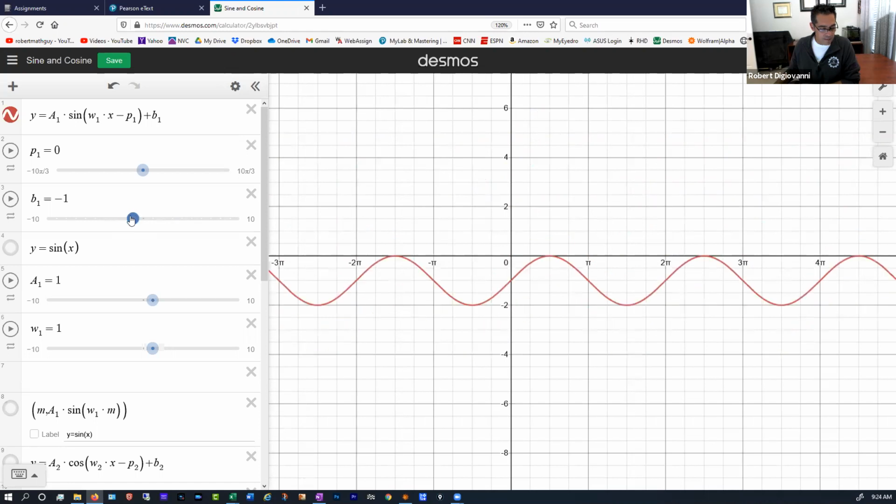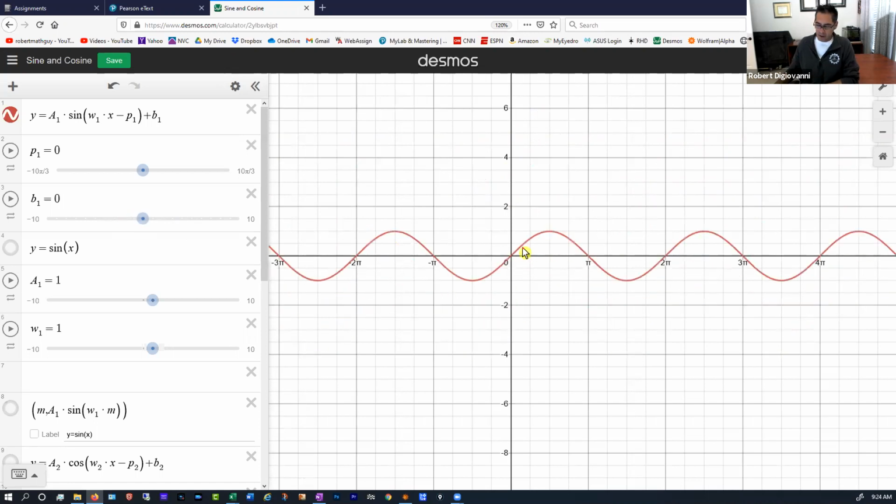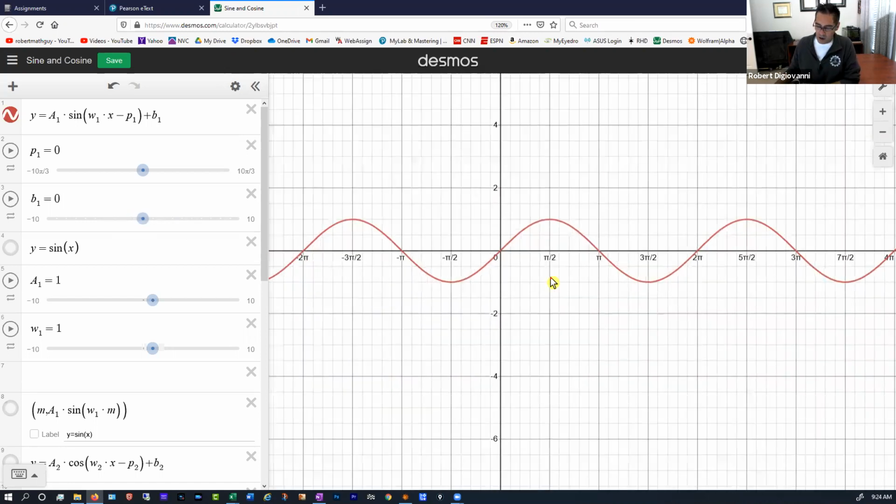Now, the phi, let me get back to B is 0, so leave it back to its normal shape here. Now, here comes the phi. What you have to be careful with is in the formula, there's a minus here. And you might remember this from college algebra. This has to do with horizontal shifting. When you want to move a graph horizontally, it behaves opposite of what you would think.